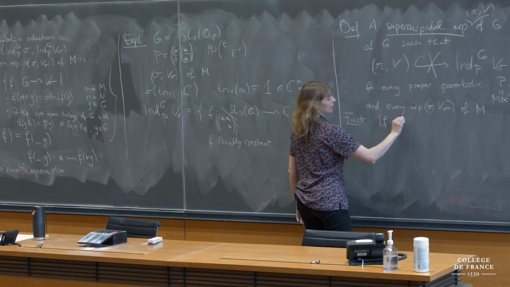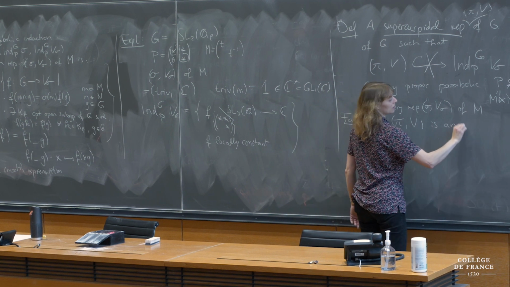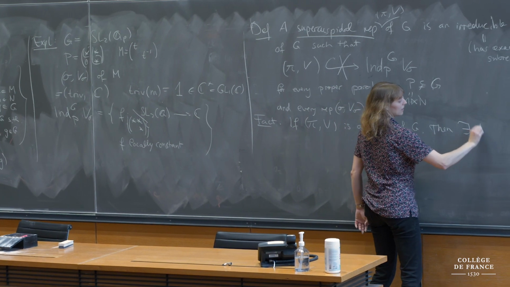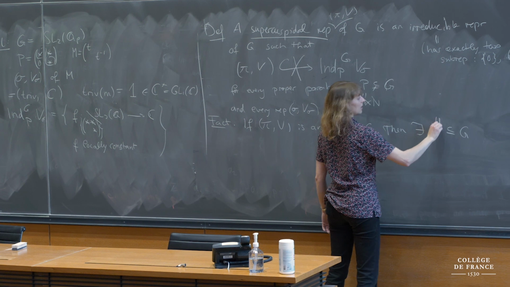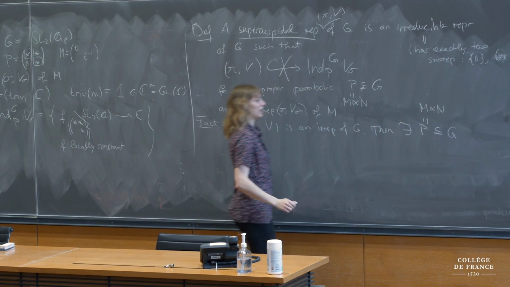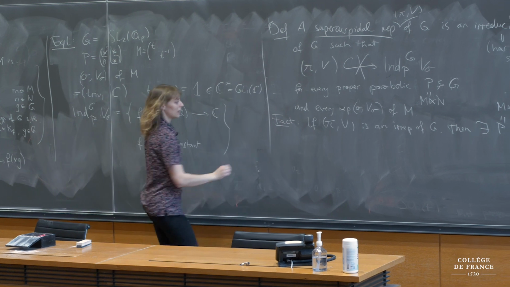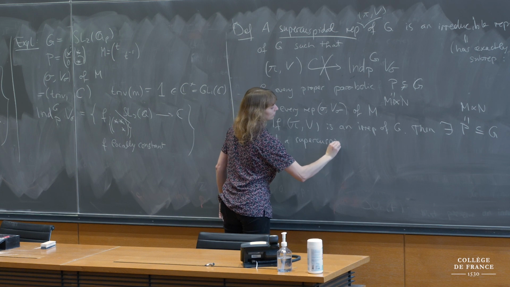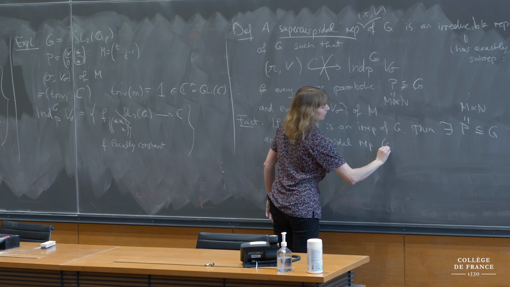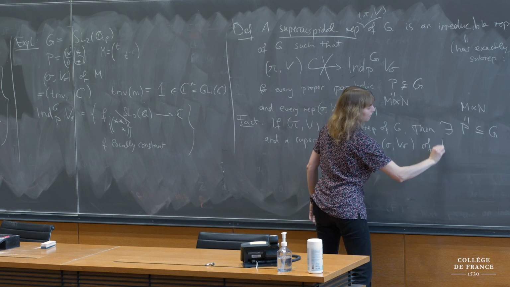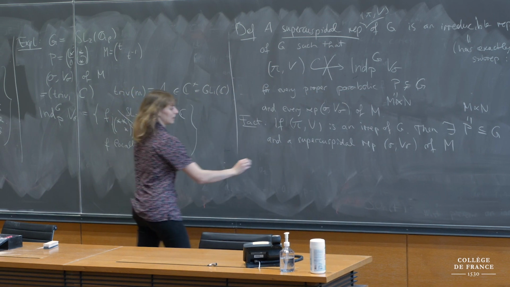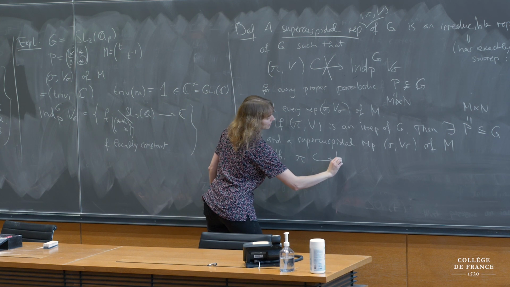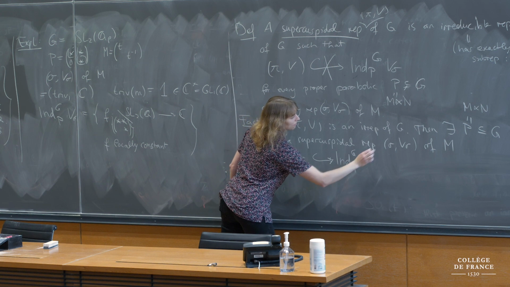If pi v is an irreducible smooth representation of G, then there exists some parabolic subgroup inside G, which is the semi-direct product of the Levi times the unipotent radical, and a supercuspal representation sigma v of this Levi subgroup M, such that the representation pi embeds into the parabolic induction of this representation sigma v.